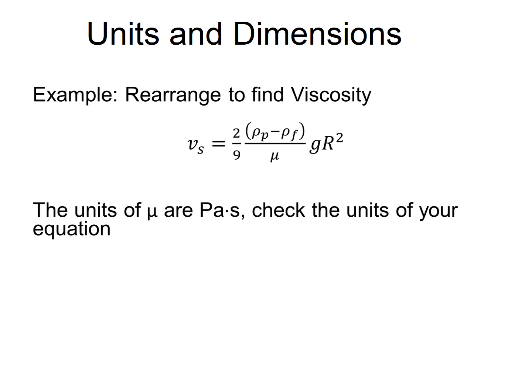So in this case, all we would do is we times both sides by mu. Let's just do it, be fun. So settling velocity equals 2/9, the density difference, so I'm just going to put big delta rho, the difference in density between the particle and the fluid.